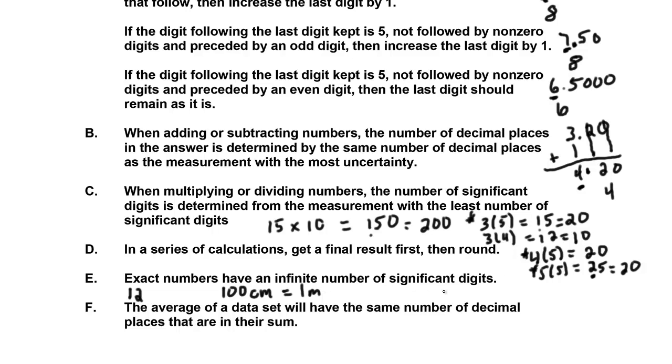So, in other words, if I have 35 centimeters and I want to know how many meters that is, well, there's 100 centimeters in 1 meter. And so if we did that conversion, we get 0.35 meters. And then you might think, well, I'm only one significant digit up here and only one significant digit down here.